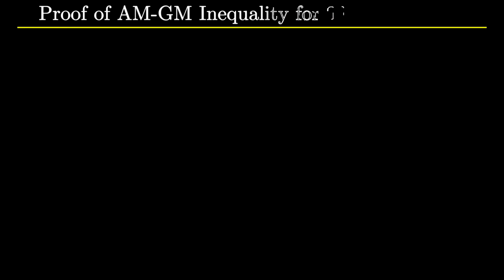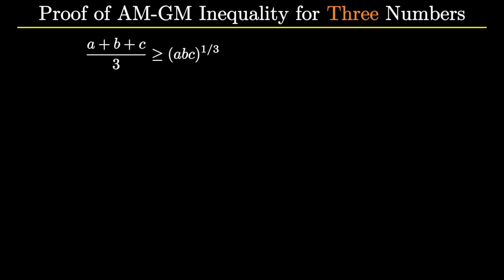Now let's prove the AM GM inequality for three numbers. Let a, b and c be three non-negative real numbers, and we want to prove (a plus b plus c) upon 3 is greater than or equal to cube root of abc. Again we shall follow the same technique of taking reversible steps, and we shall reach some other inequality that will be obviously true.